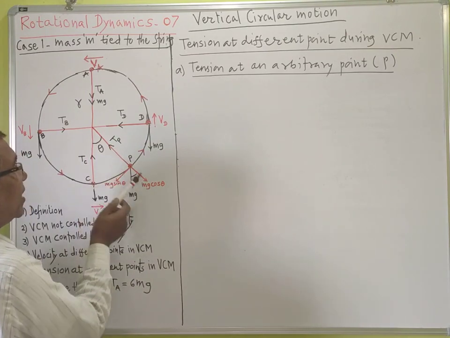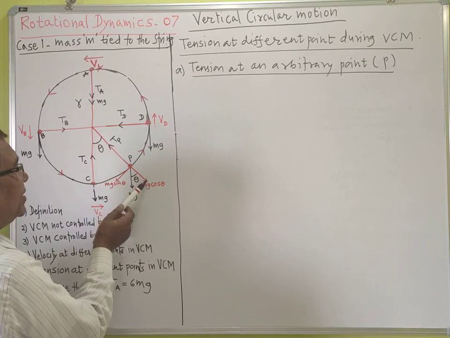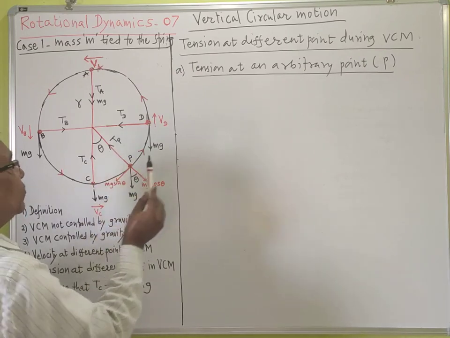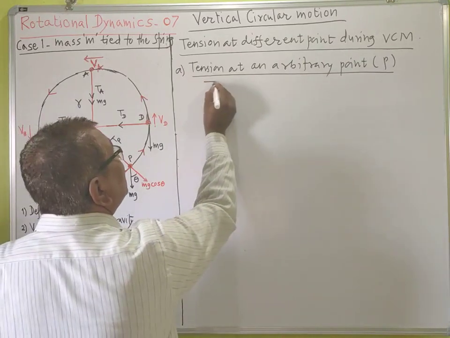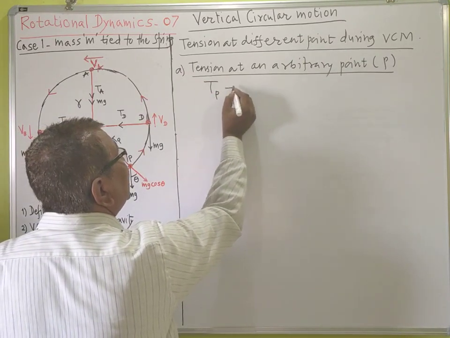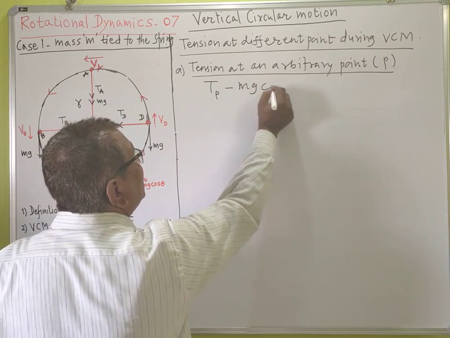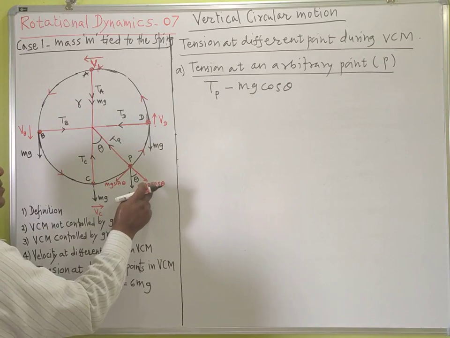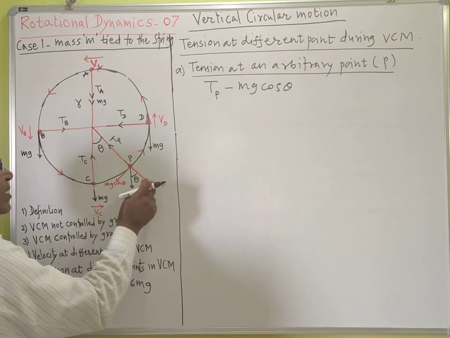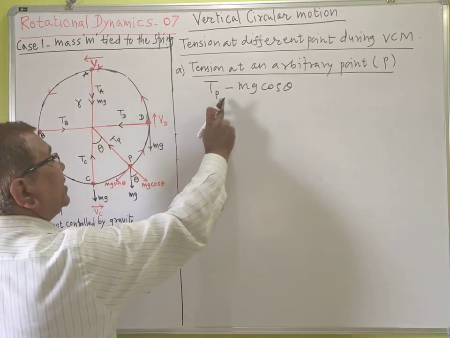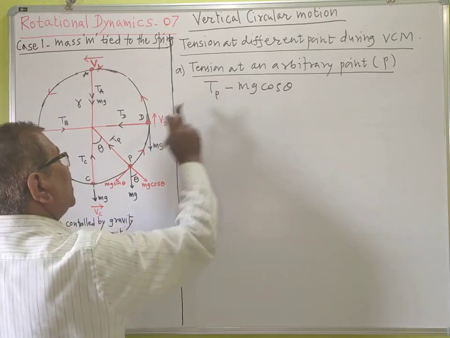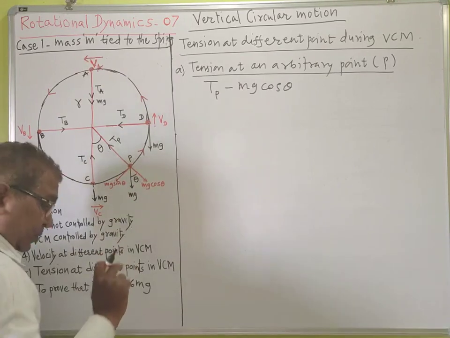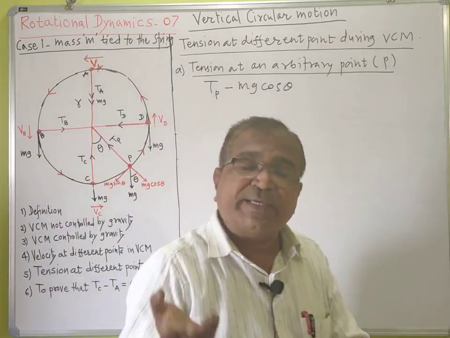These two arrows are exactly opposite, so the resultant of these two forces is Tp minus mg cos theta, obtained by subtracting mg cos theta from Tp. This Tp should be greater than mg cos theta. The tension acting on the string should be greater.